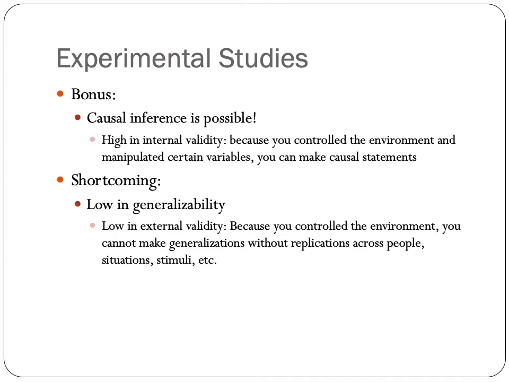And because of that, you can make these causal statements. We know because of this experimental study that X, at least to a degree, causes Y, right? And we can see the extent to which that causal effect is there by looking at the effect size, or typically R squared values of regressions. Some shortcomings, though, of experimental studies are they're pretty low in generalizability or external validity.